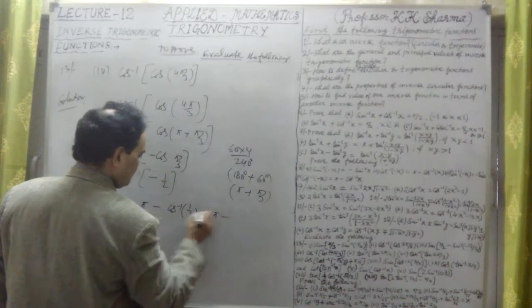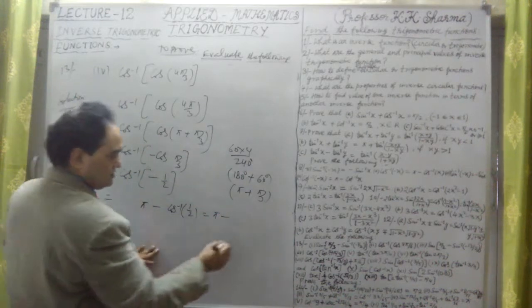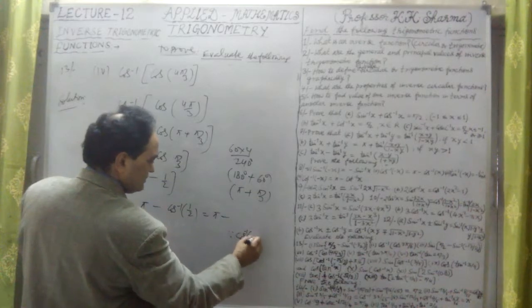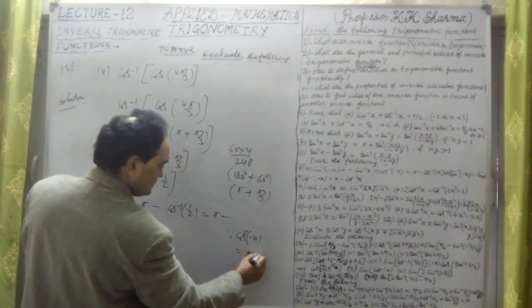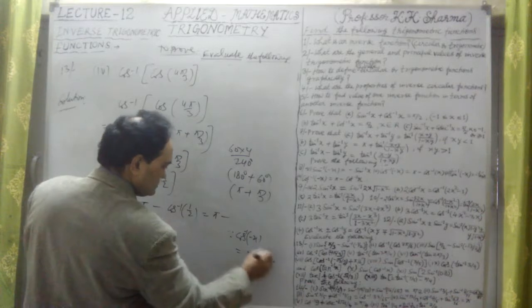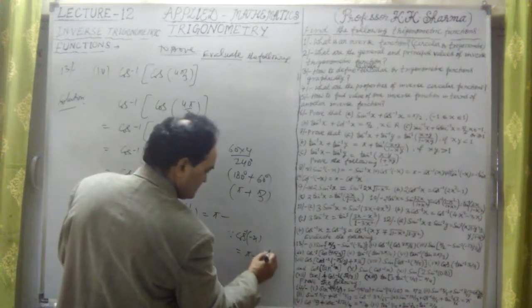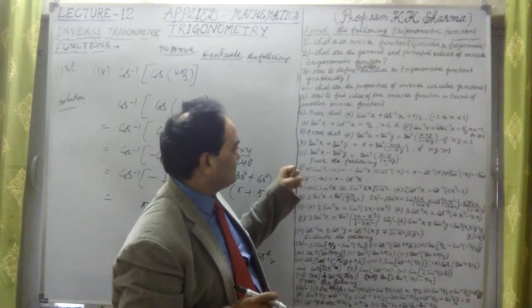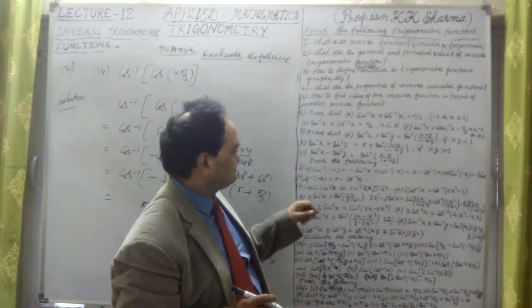Let me write again, cos inverse of minus x equals pi minus cos inverse x. This is the formula which we have just proved here.